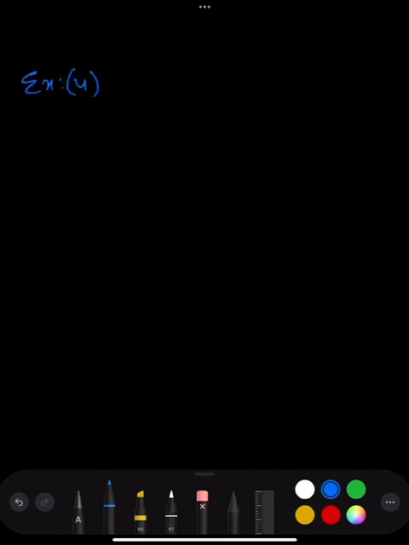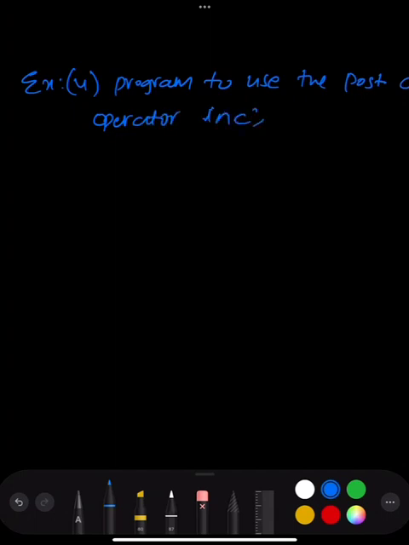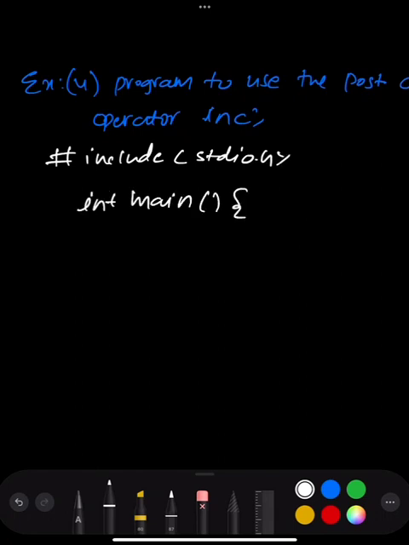Program to use the post decrement operator in C. Now let's write the preprocessor directive hash include stdio.h, int main. I am going to use the 6 variables x, y, z, a, b, c.